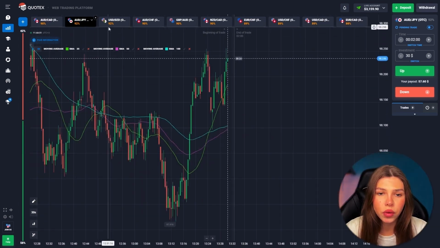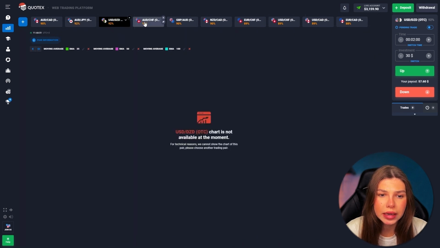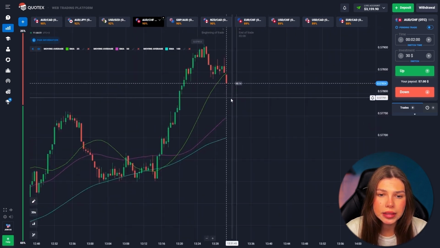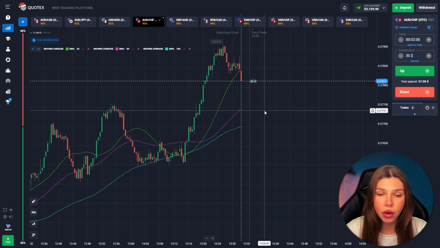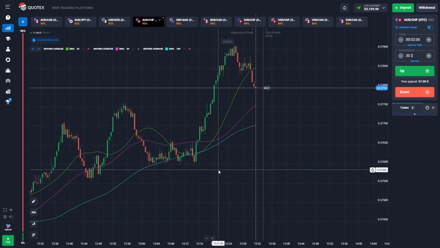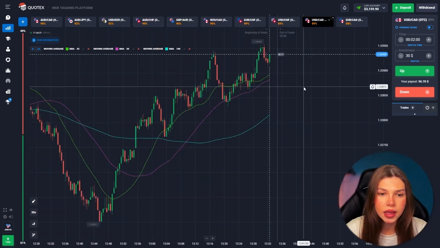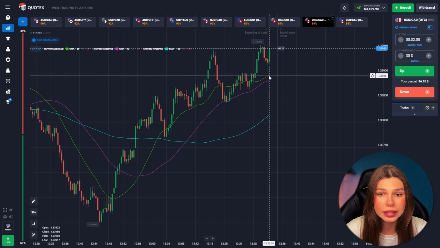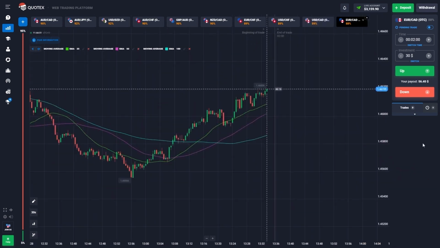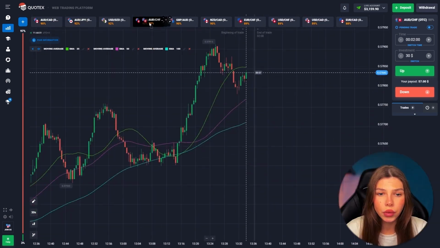So on this chart, we've already missed a trade, not to worry. And here's another good point. If the price rises above the green line and closes, we can open a trade on the upside. As you can see on this chart, the price has already given 4 entry points. So not a bad momentum.